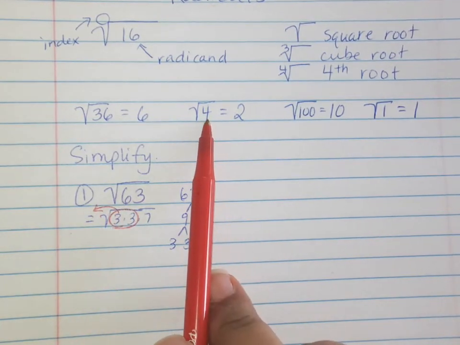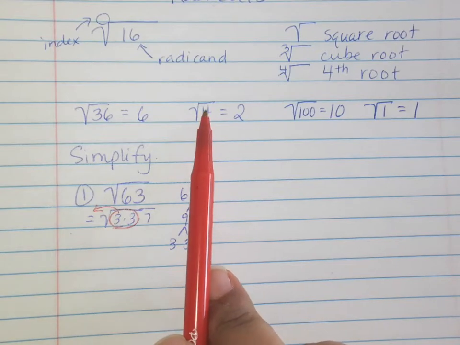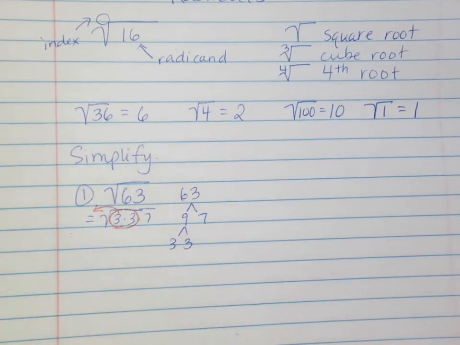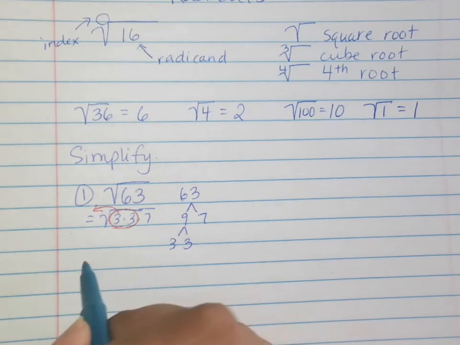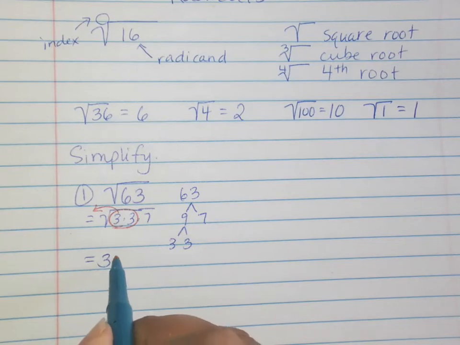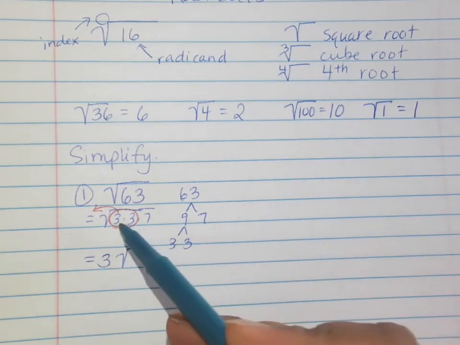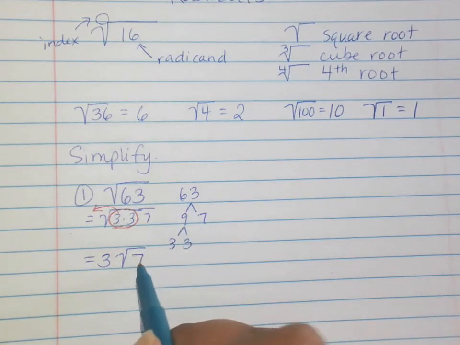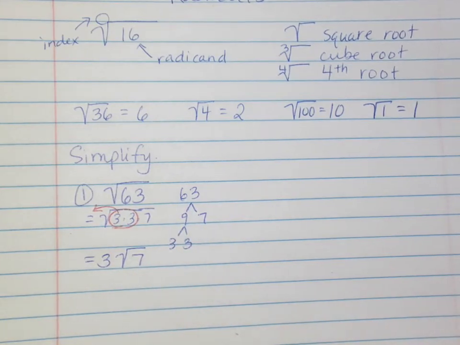Just like here, we would have 2 times 2 makes 4, but only one of the 2s comes out, right? So I'm going to bring out my 3 to the front. What do I have left over? Well, I used up those, so I only have a 7. Okay, so that would be your answer. And you read this as 3 square roots of 7.